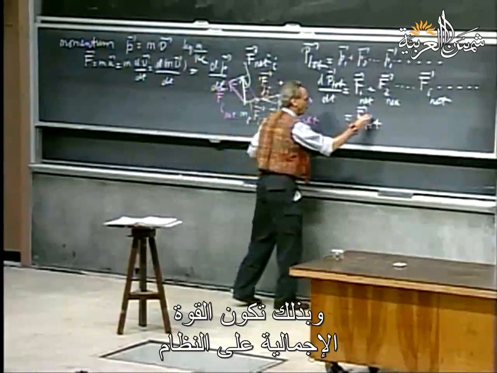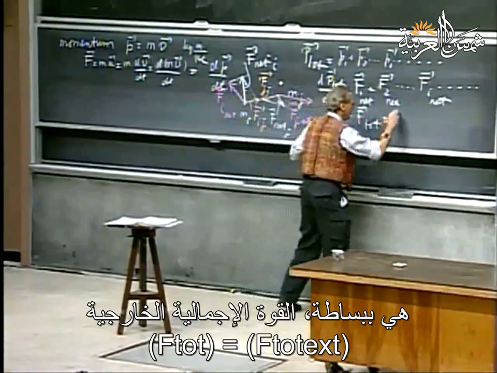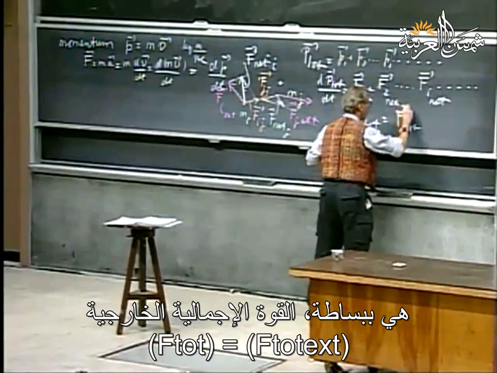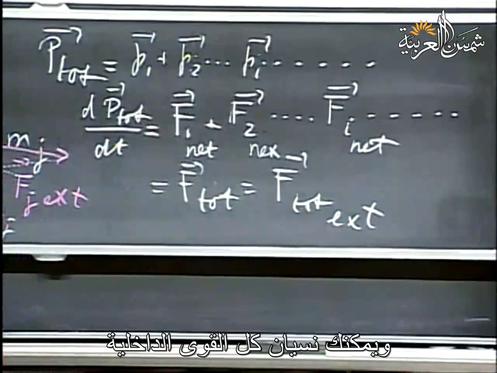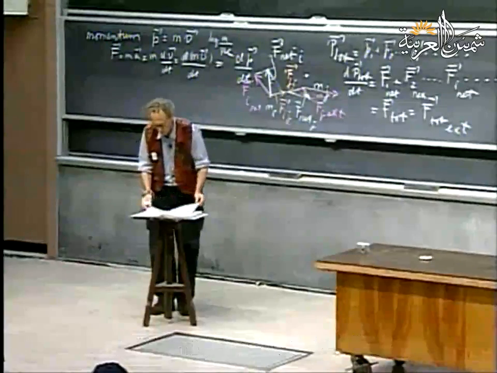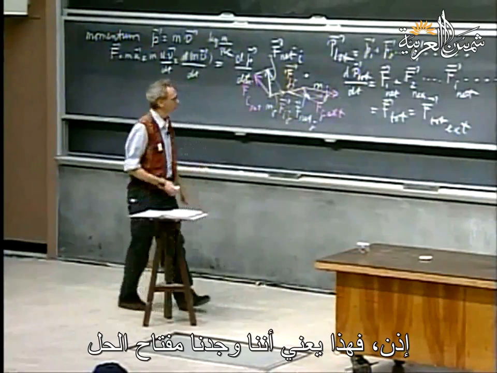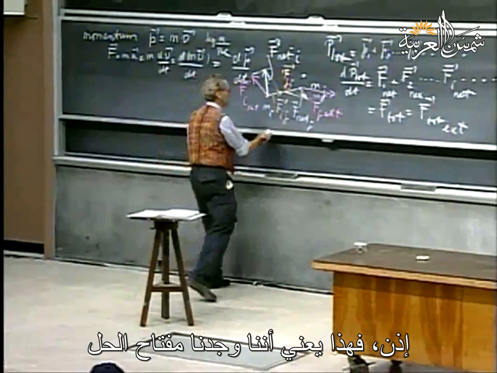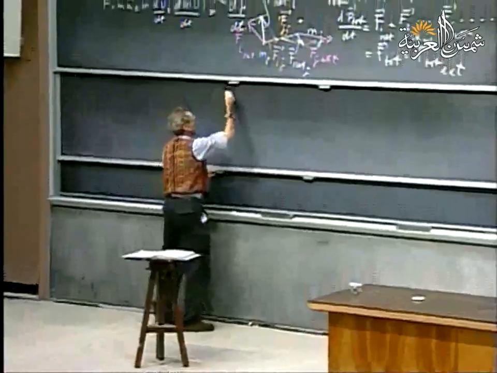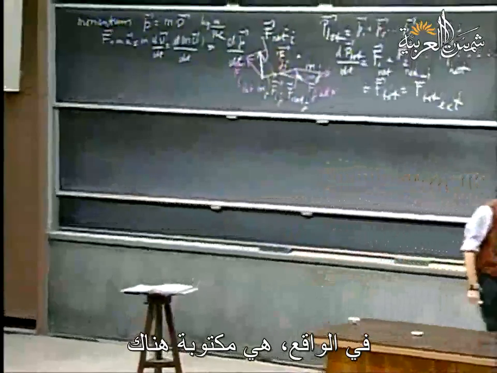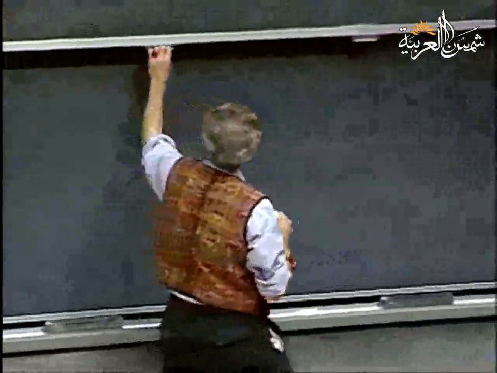And so the total force on the system is simply the total external force, and all the internal forces, you can forget about it. And this means then that we come to a key conclusion that dp total/dt. In fact, I have it written down there. It's so important that I want you to look at it this whole lecture.